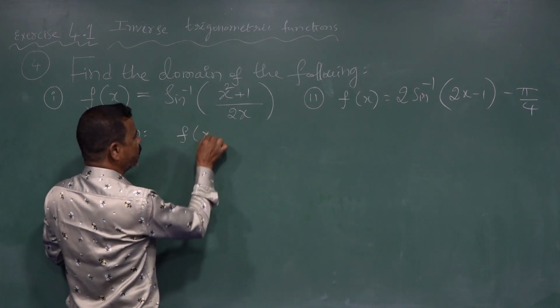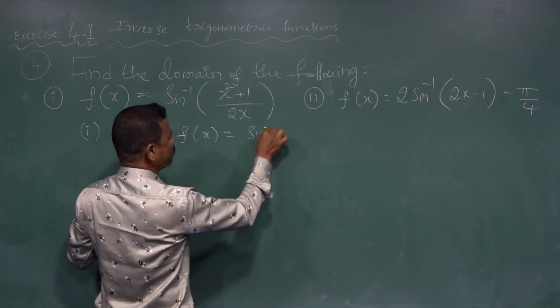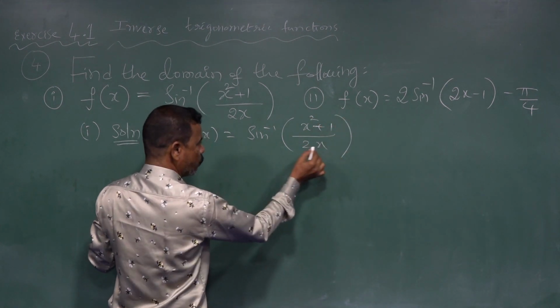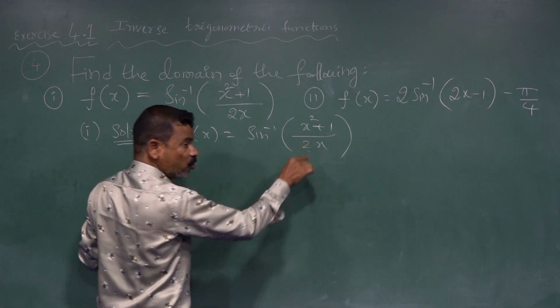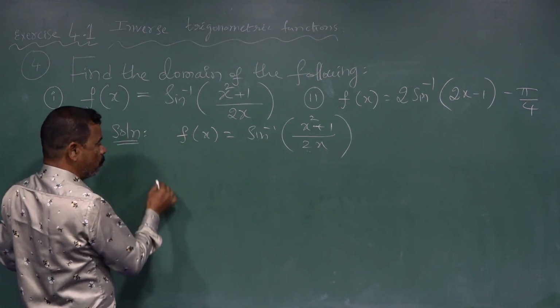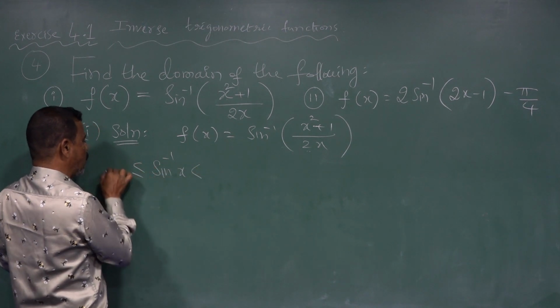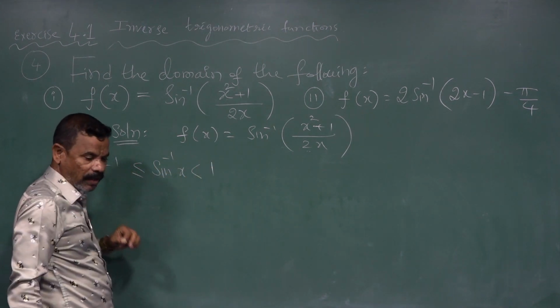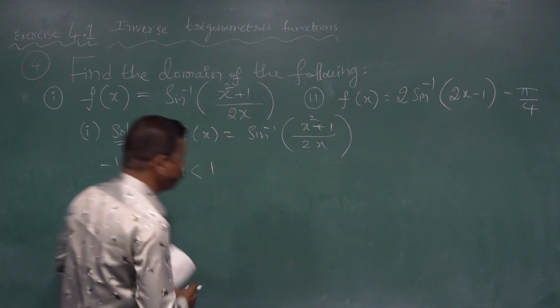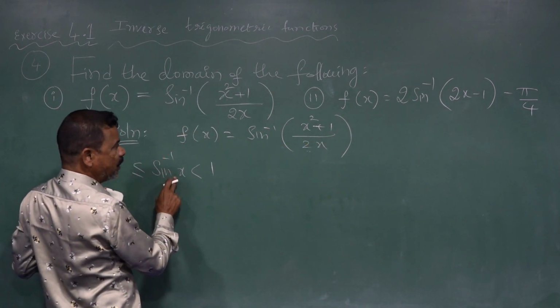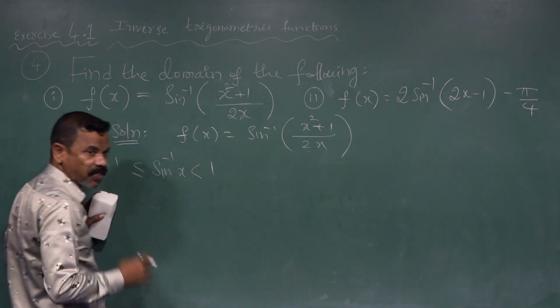f of x is equal to sine inverse of (x square plus 1) by 2x. So this value lies between minus 1 to plus 1. Sine inverse x values lie between minus 1 to plus 1. So instead of x, (x square plus 1) by 2x is given.